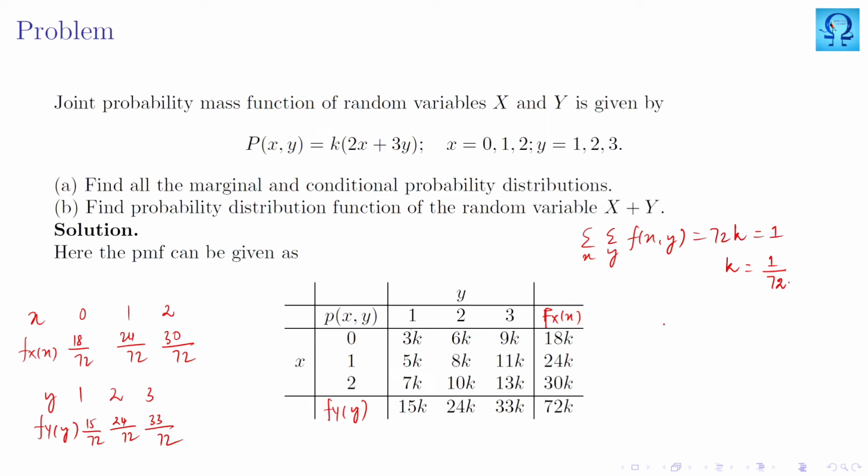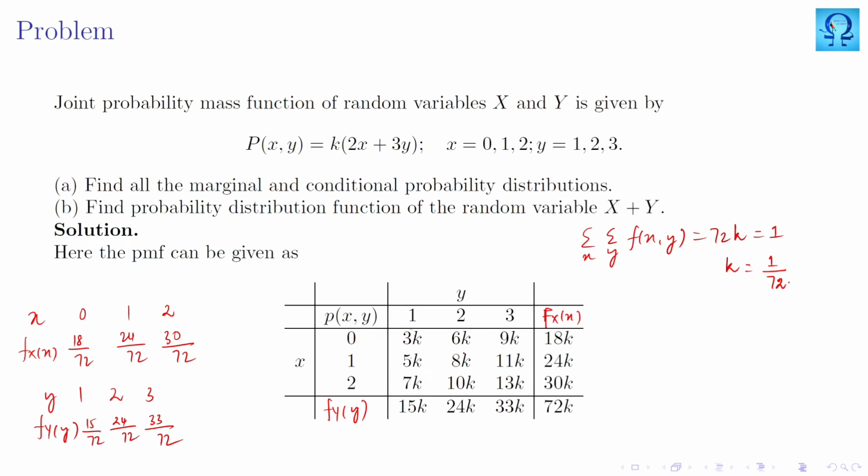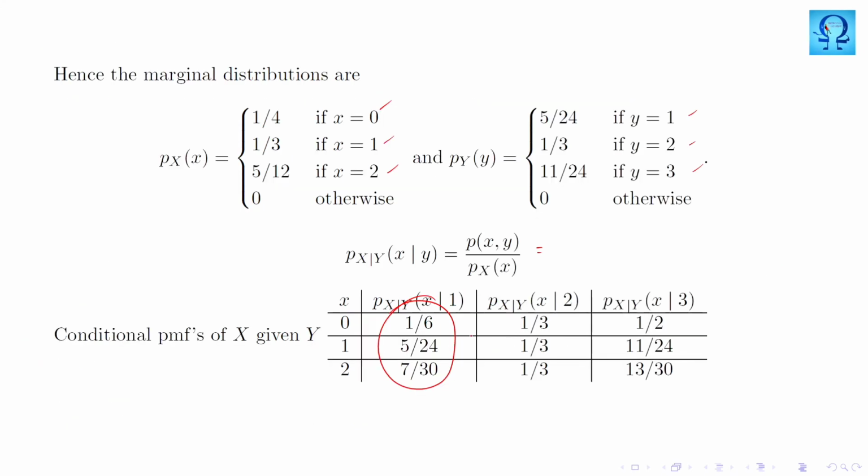If you want to rewrite it, you will have 3 upon 72. Everywhere you can just substitute the value of k. So 3 upon 72, 5 upon 72 and 7 upon 72, and that simplifies to this. Similarly for y equals 2, you just have to substitute the values and calculate accordingly.